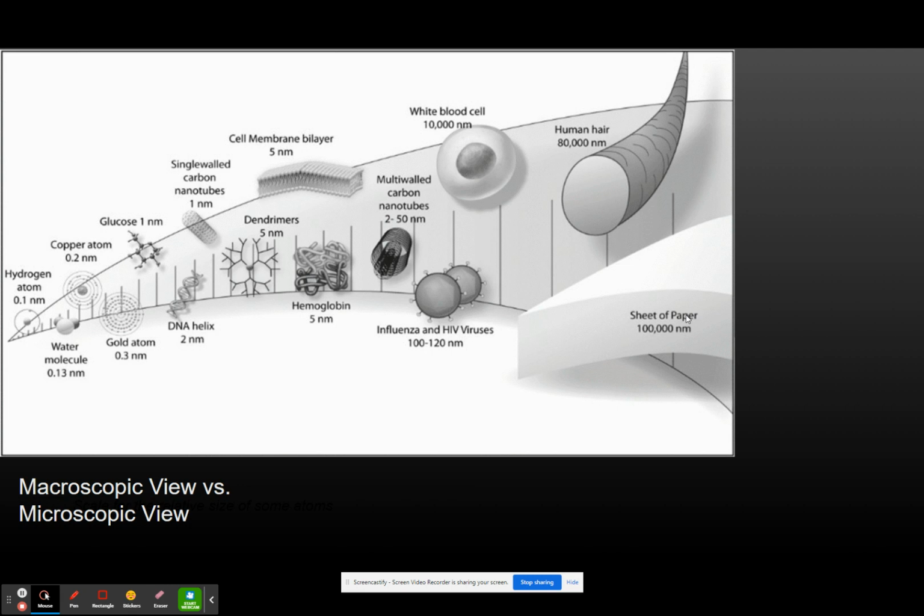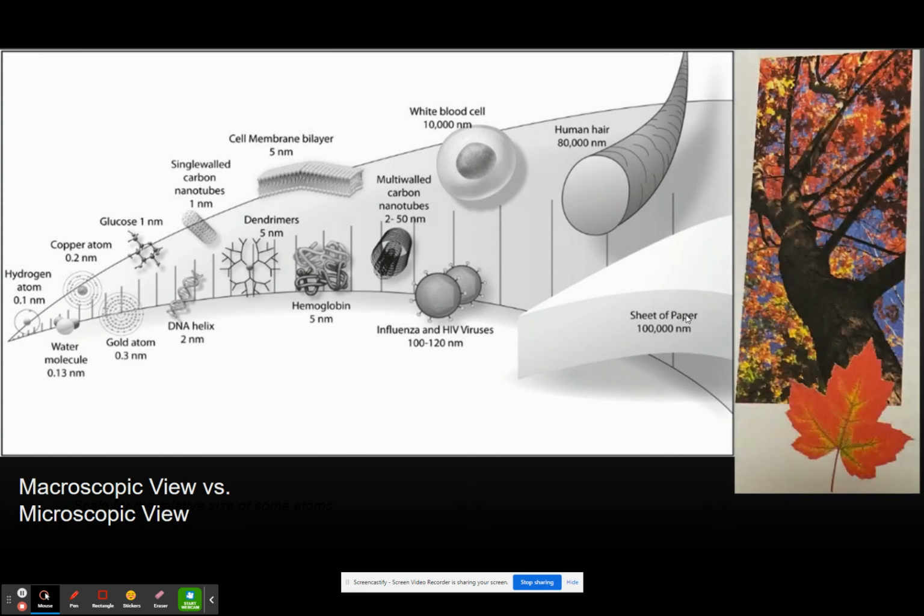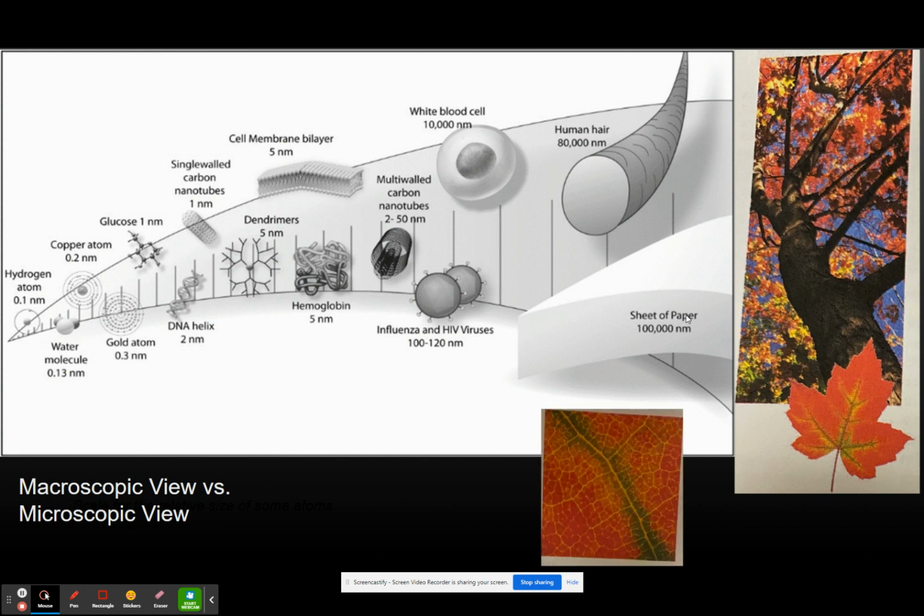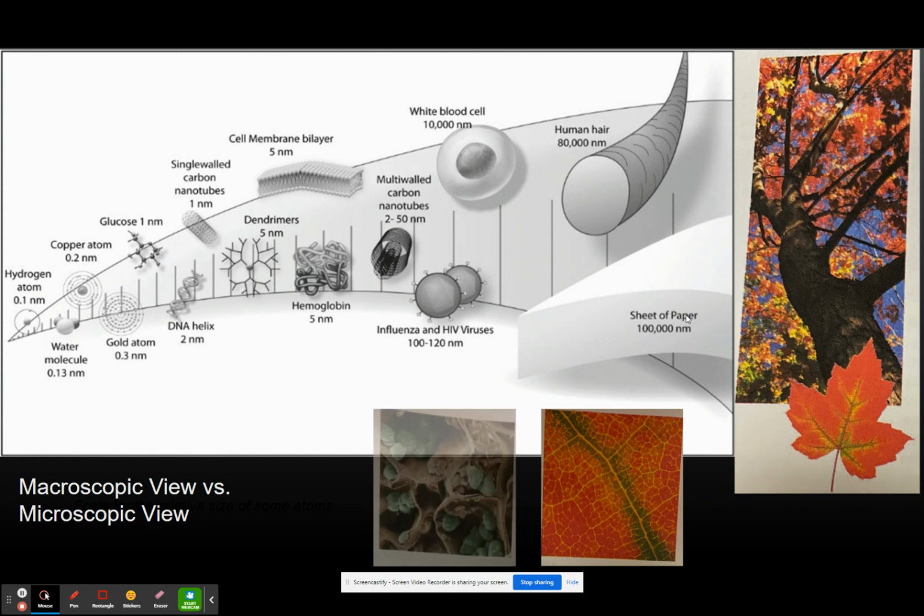In chemistry, we're interested in this very microscopic view. So if we take a tree, for example, we can see the leaves, we can see the bark, we can see a lot of information with our eyes. Even if we take a close-up of the leaf, we're not down to that microscopic view yet.